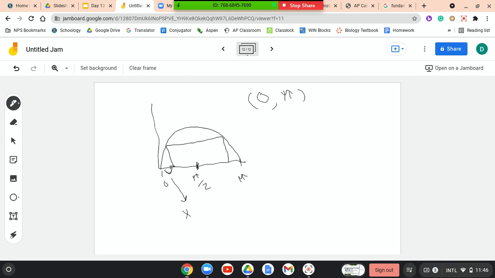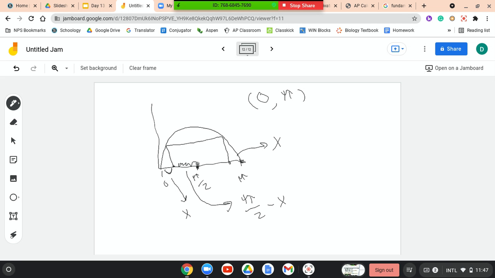Then the distance from pi to the end of the rectangle is the same distance, x, because we have symmetry. So this part of the rectangle is pi over 2 minus x.